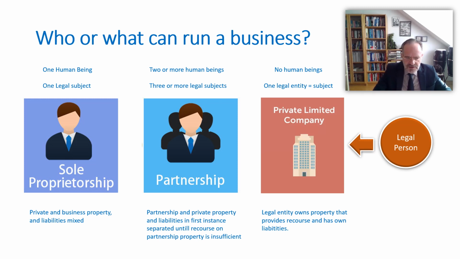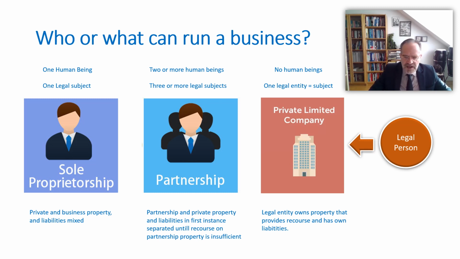The sole proprietorship, as you see here, the partnership, and the private limited liability company form. A sole proprietorship is rather simple. It is one human being, one legal subject who runs a business, and that business is not separated from his private assets.